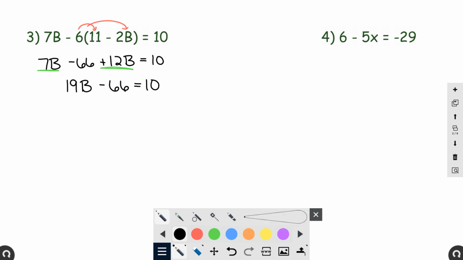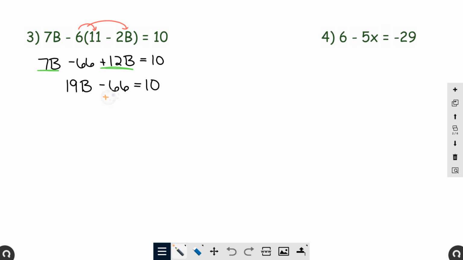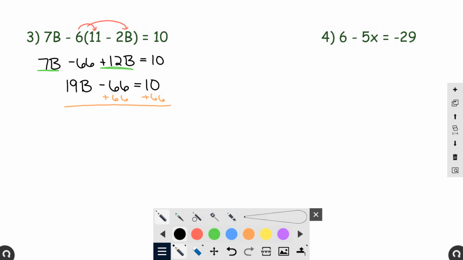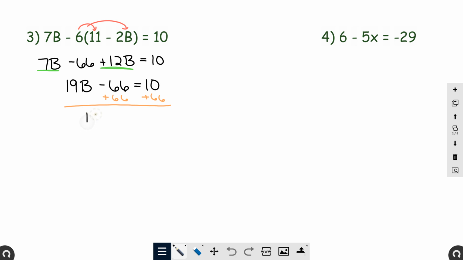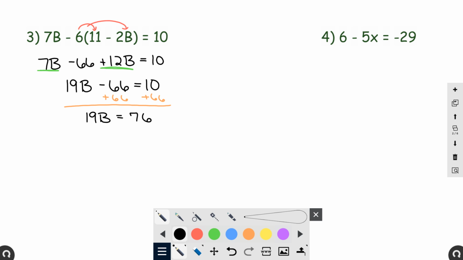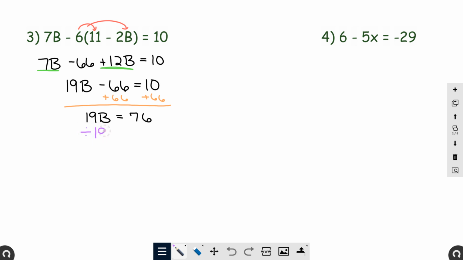And then to get rid of the 66, we would add it. So remember, do everything you can with those variables first because it's going to make things a little bit easier as you go through. So we end up with 19b equals 76, and last step. Divide by 19 and you get 4. Very good.